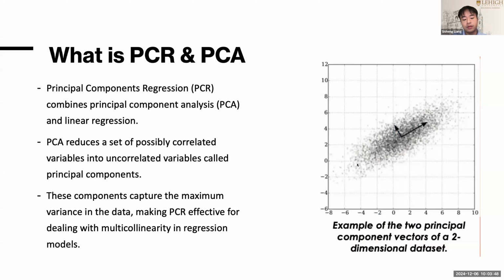So now let's move to PCR and PCA. So what are those? PCR is principal component regression, and it's essentially a combination of two things: principal component analysis and linear regression. It's a method that helps deal with messy correlated data, or high-dimensional data sets, in portfolio optimization.